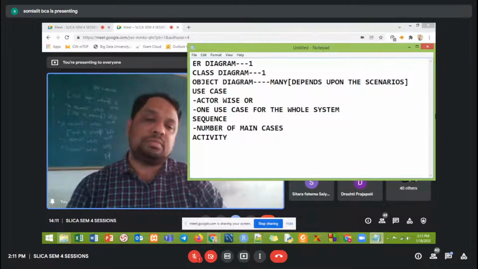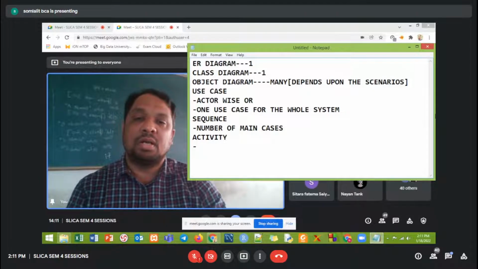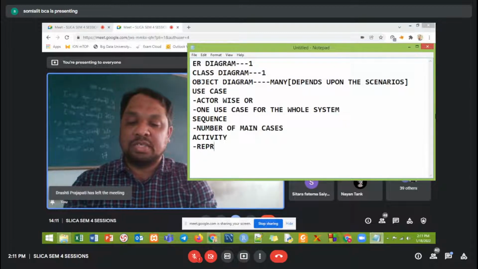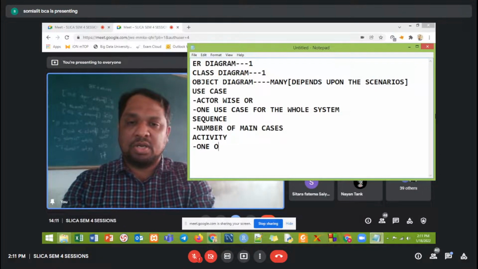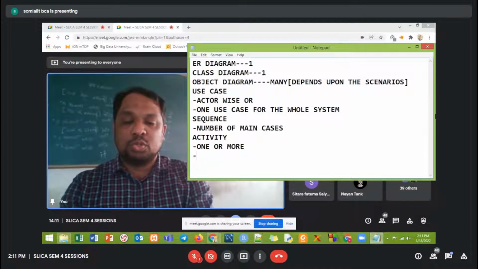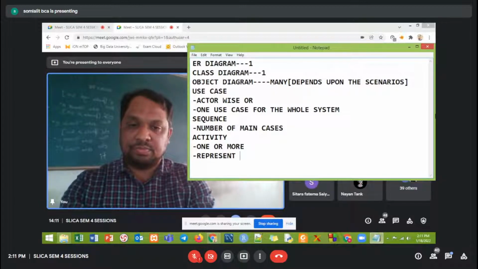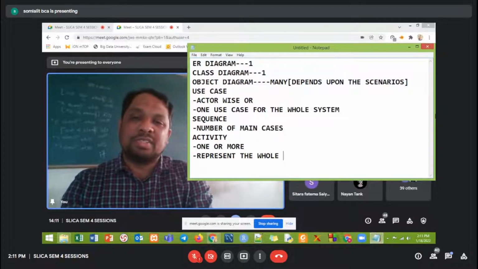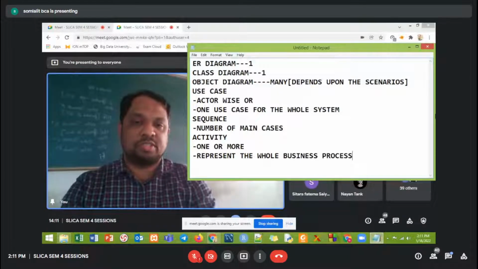Activity. Activity diagram, again, it depends. आप one or more बना सकते हो. First of all, you can prepare one or more activity diagrams, but it should represent the complete business process.